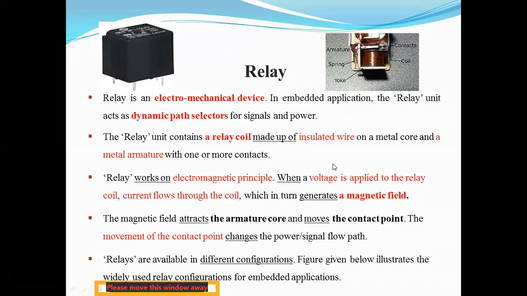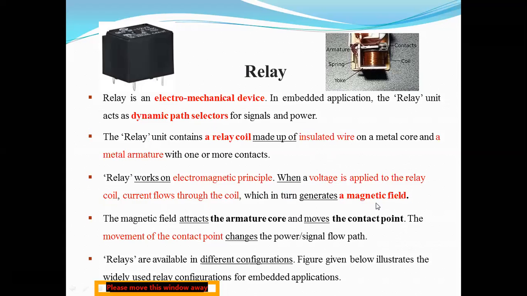Suppose in an embedded system, you want 220 volts at the input side, and later in the device you want to convert it into something lesser in voltage. So the switching of the power has to be done. I don't want to apply 220 volts to the next circuit in my design. I want to reduce it to say 120 or something.